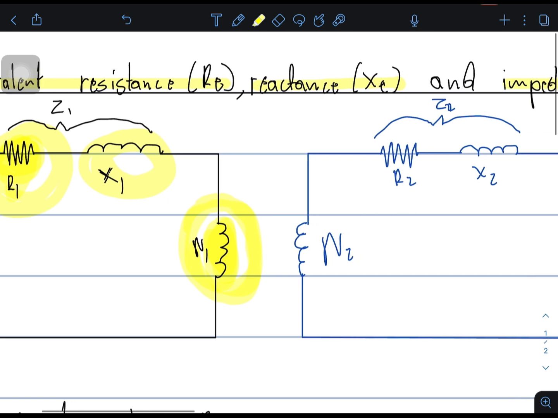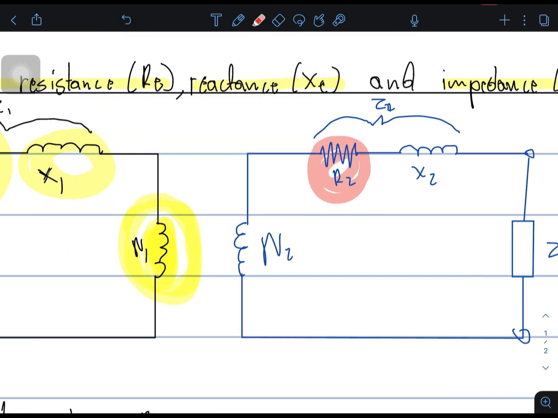It is because a winding is made up of wire wound around a core, a magnetic core. Same thing, let me use red. This resistance is the resistance of the secondary winding. Then this reactance is the reactance of the secondary winding.